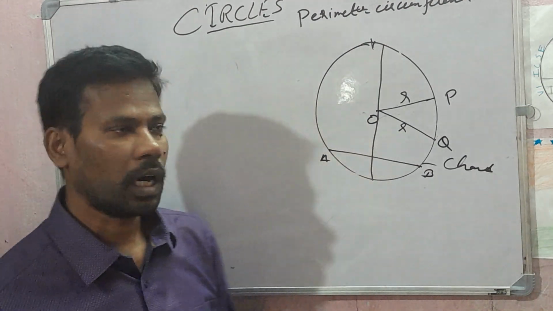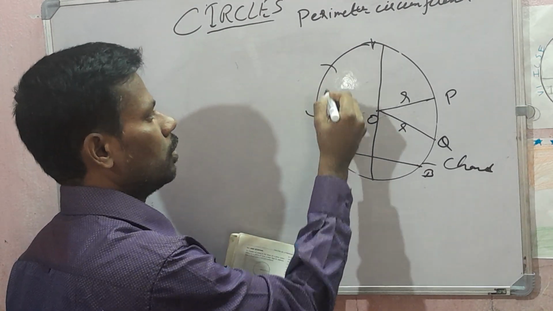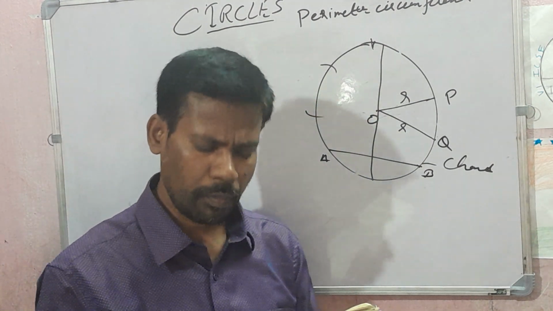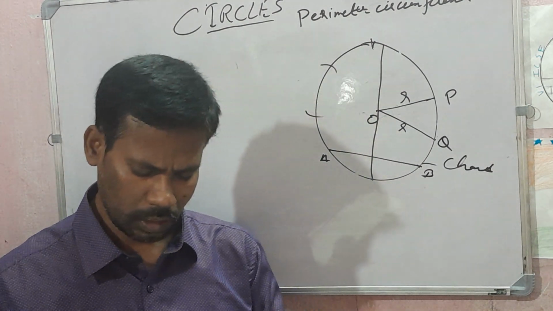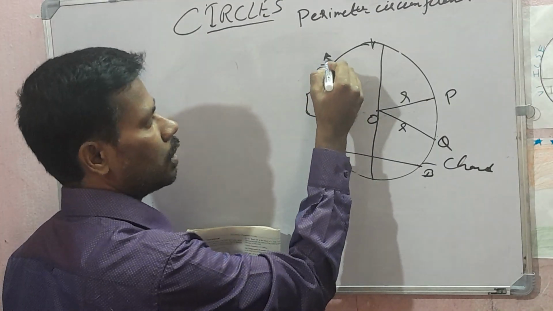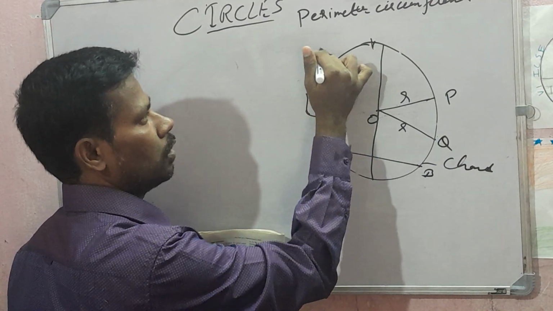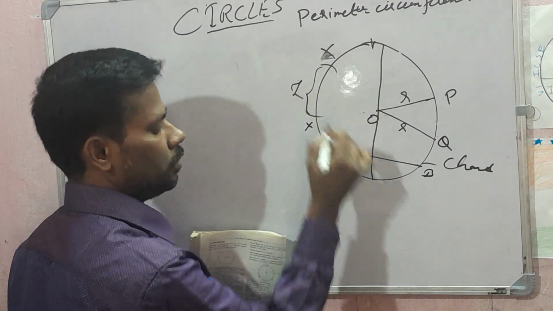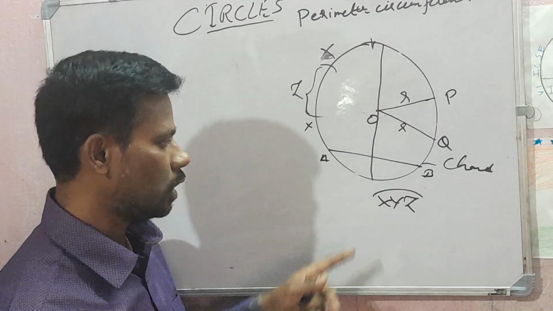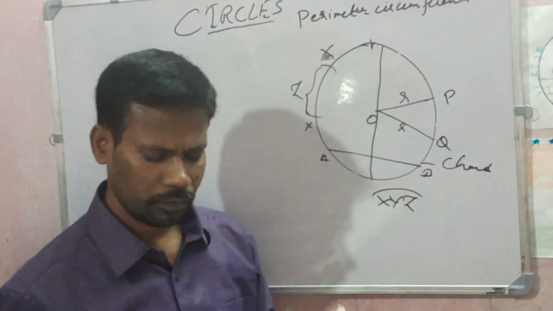Arc of a circle. Arc means a part of a circle. Arc means what? A part of a circle. This is an arc. An arc is denoted by 3 letters: arc XYZ, like this.